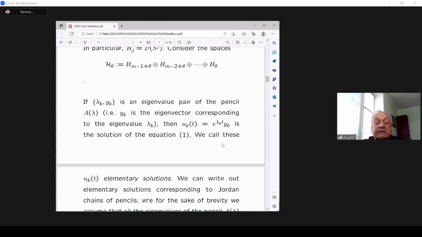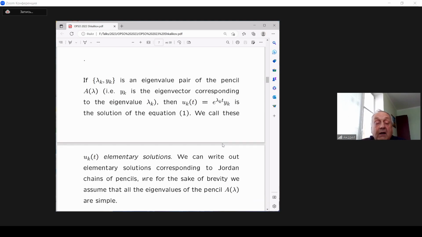We'll call these u_k elementary solutions. So if lambda_k, y_k is an eigenvalue pair, then this u_k is an elementary solution of the differential equation.